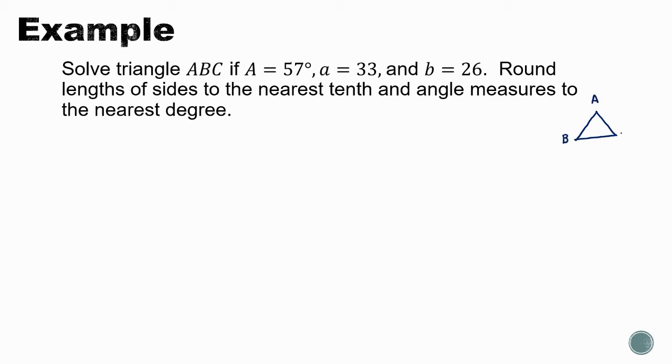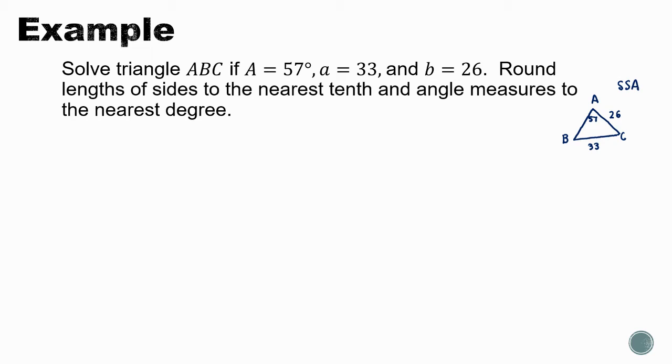Here's ABC. Notice the situation. They gave me angle A to be 57. They gave me side a. Side a is 33, so it's across from it. And then side b is 26. So notice that we have two sides and an angle not included. So that's why this is forming our ambiguous case.